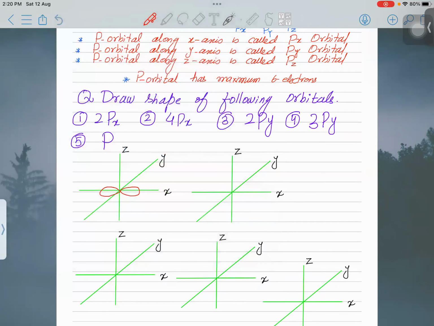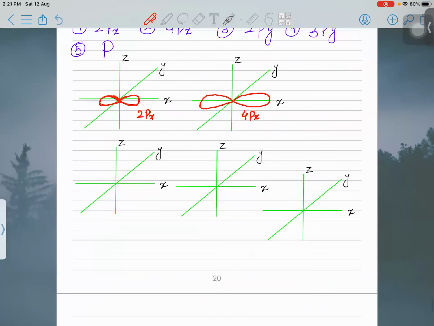Let's suppose this is 2px. So 4px would be double of 2px. Then 2py, along the y-axis. Then 3py, slightly bigger than 2py.